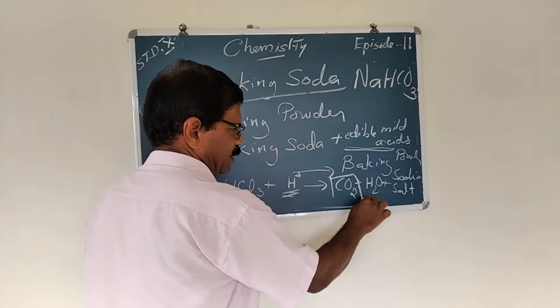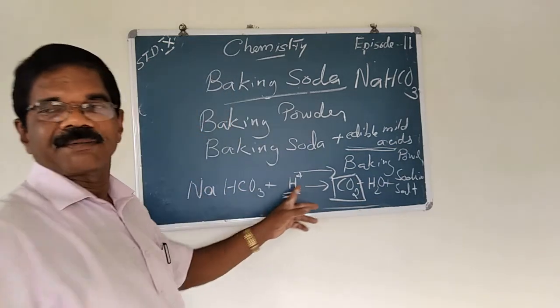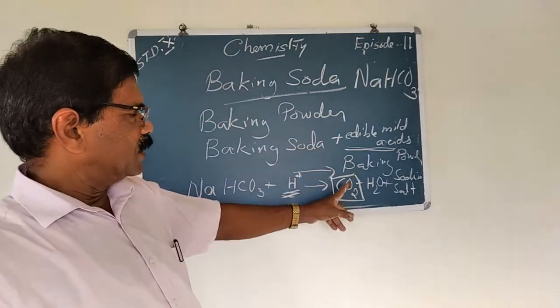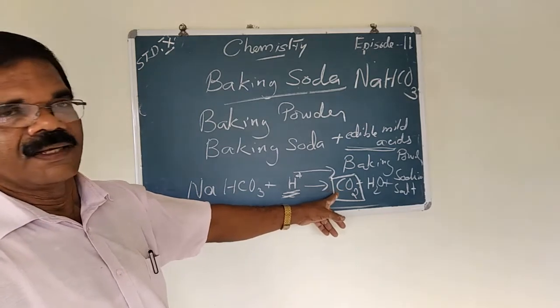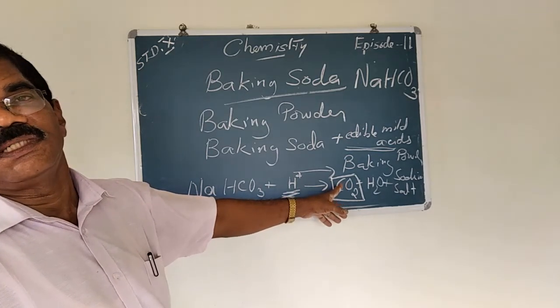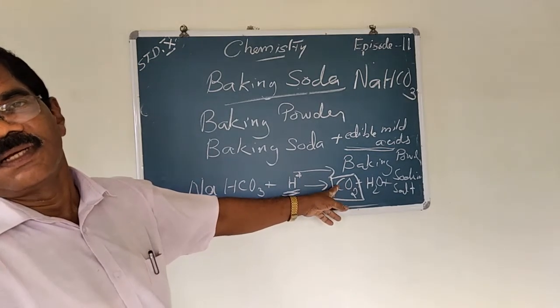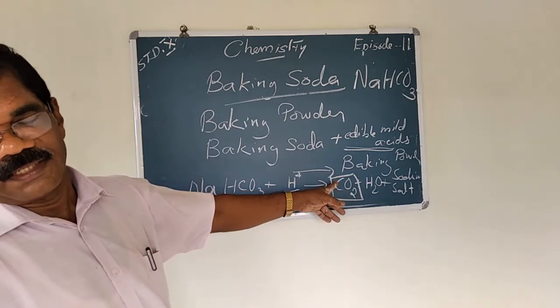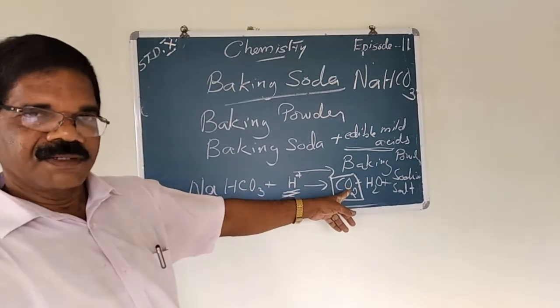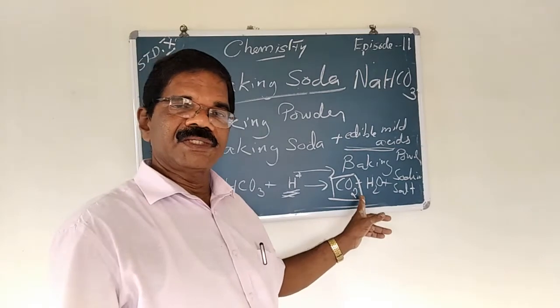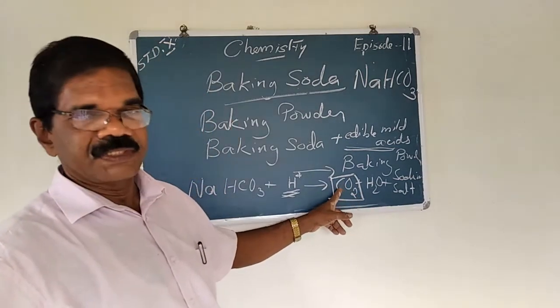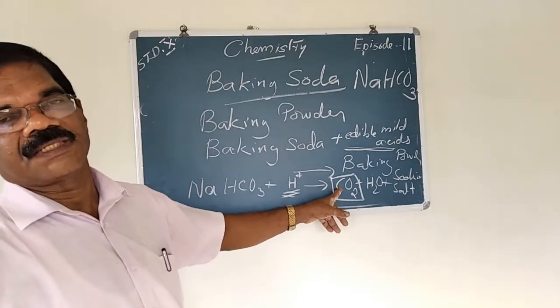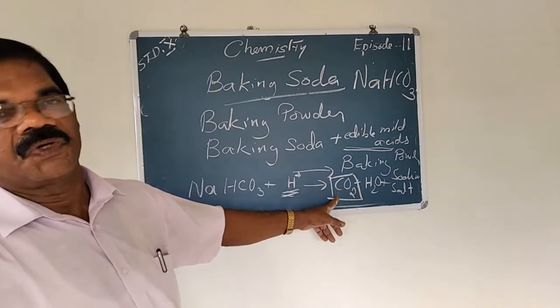This is our source of carbon dioxide. This carbon dioxide gives spongy and soft texture. The rising of the cake or appam is due to the production of this carbon dioxide. Thus it gives a spongy softness to our bread or cake.